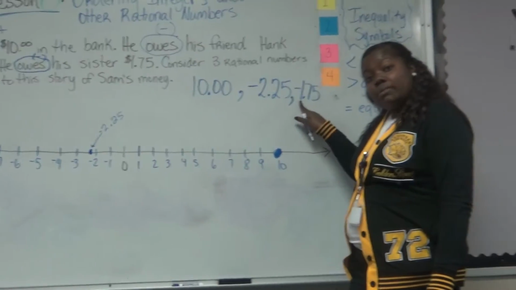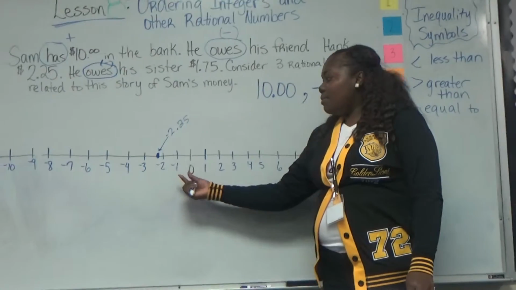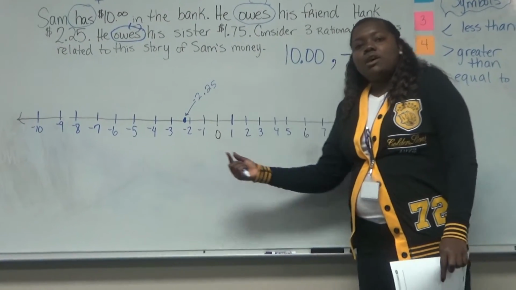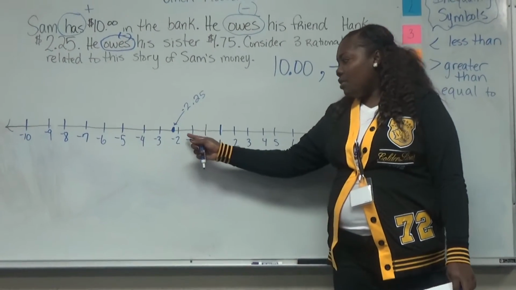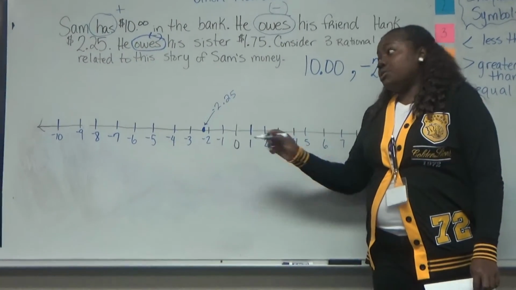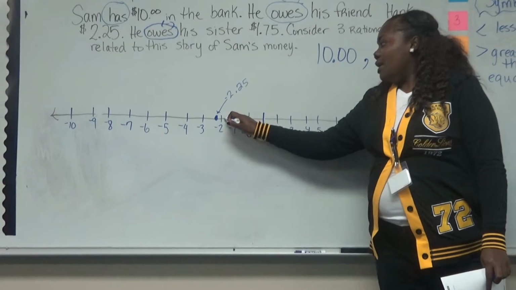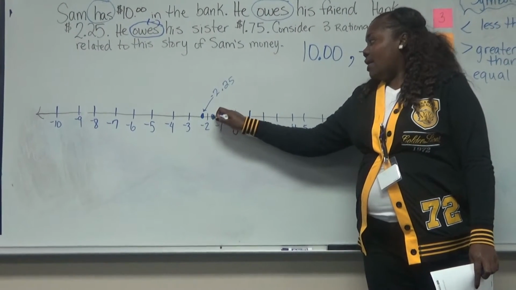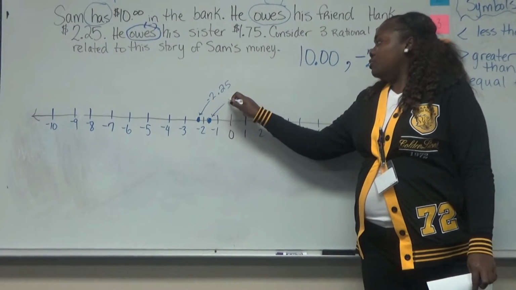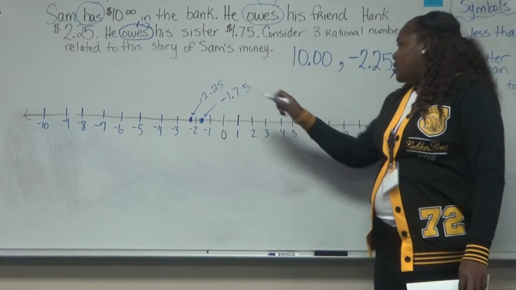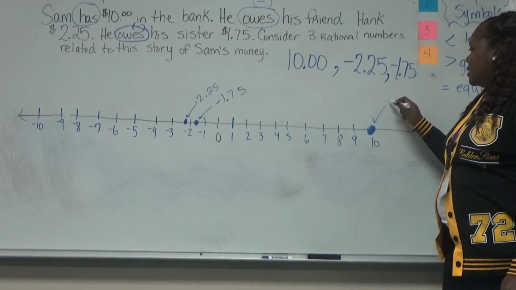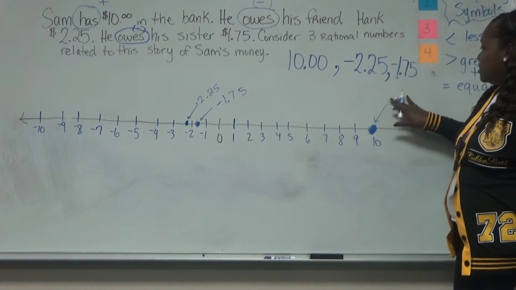The next number after 1 is 2. So it's going to fall somewhere between 1 and 2. If I have $1.75, is that closer to the 1 or closer to the 2? Closer to the 2. So when I plot this point, I'm going to make sure I'm closer to my 2. Make sure that you label that as negative 1.75. And we'll go back and label this one as 10.